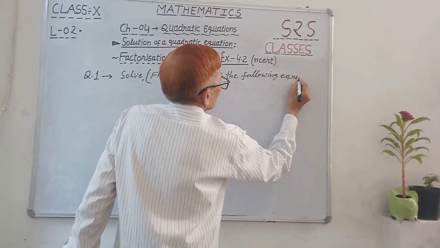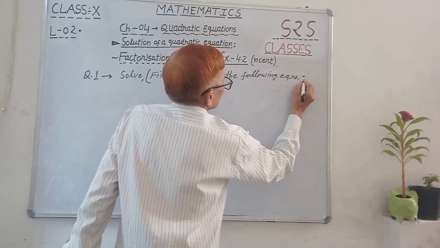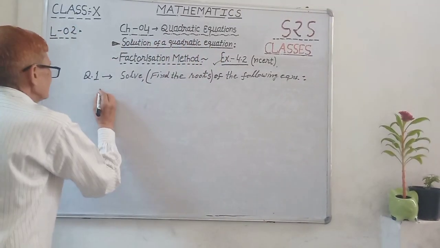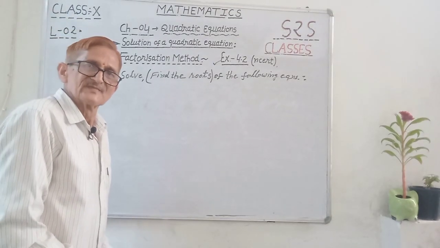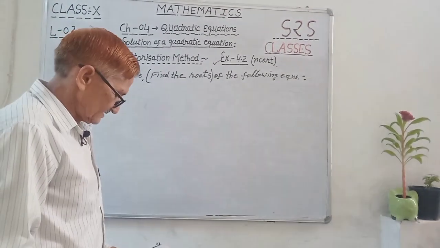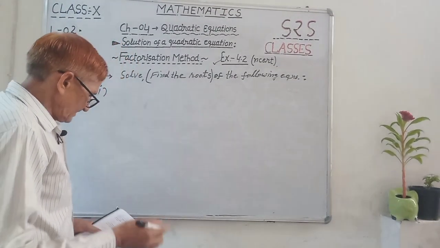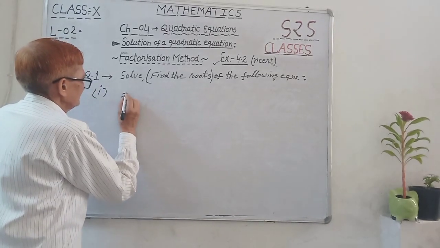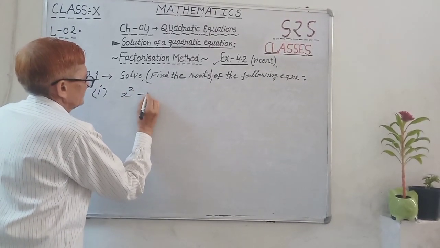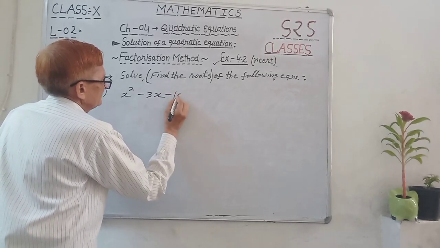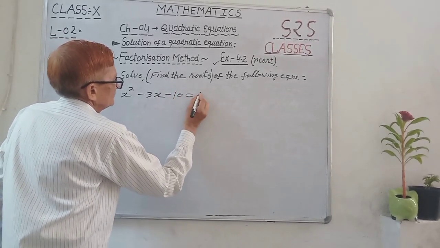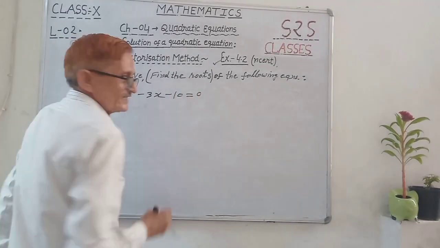Okay, the following equations we have to solve. First part, what is the first part of question 1? First part of question 1 is x square minus 3x minus 10 equal to 0. This is the quadratic equation.